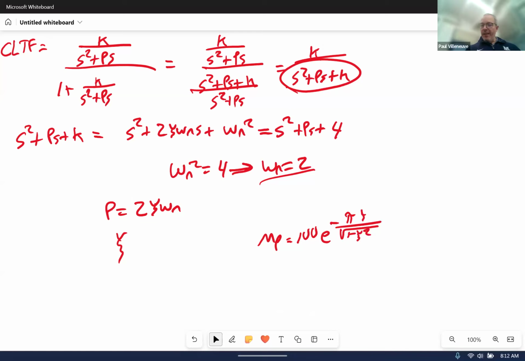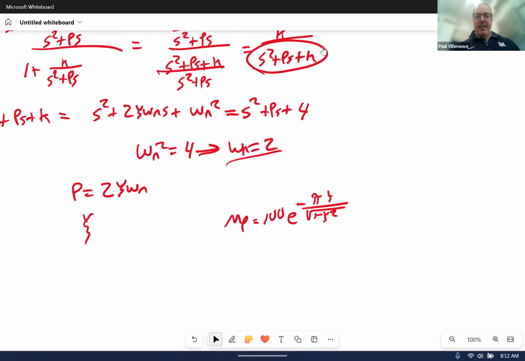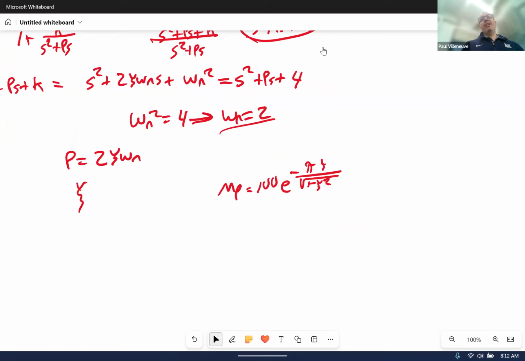If you solve that equation for zeta, do I need to write it all out, or do you remember how to do that? I mean, if you can't, we can do it out, or is it just tedious to see the math? You good? Okay. So when I solve this for zeta, I calculated zeta is going to be 0.69. That's what I solved for.